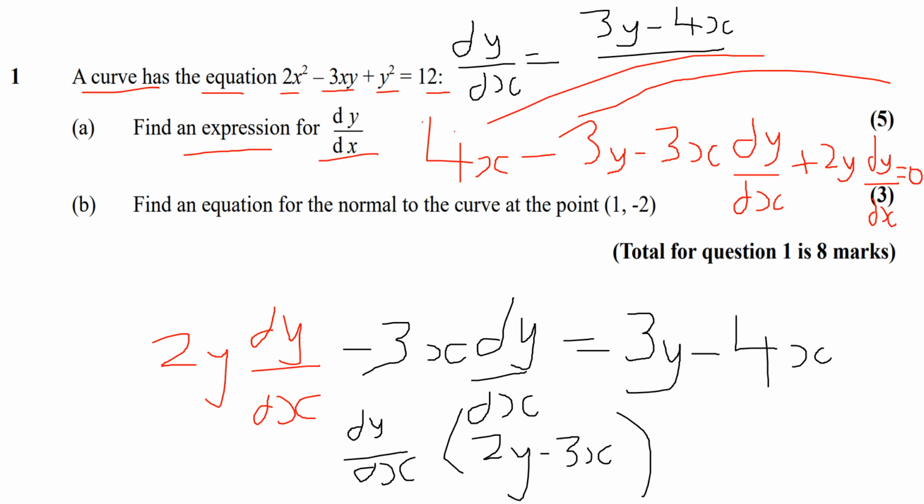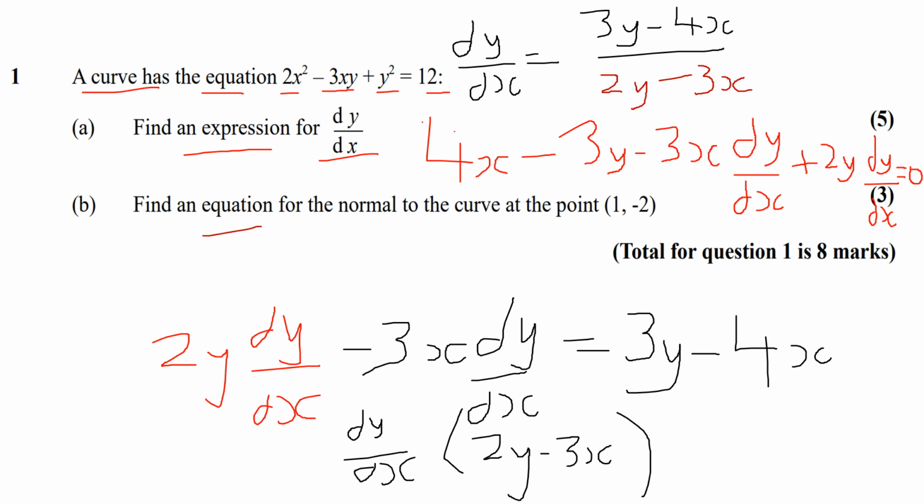And this is what I call an implicit function. It's implicit because I cannot rearrange the original equation in the form y equals f of x. So that's why we do implicit differentiation. That's part A done.